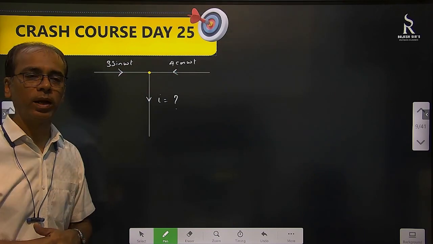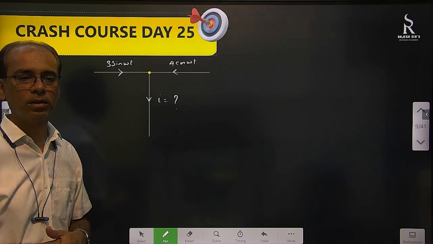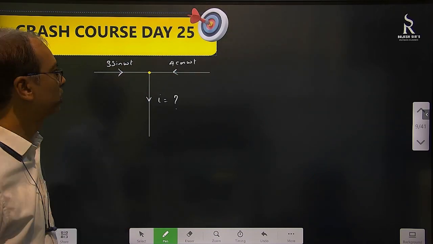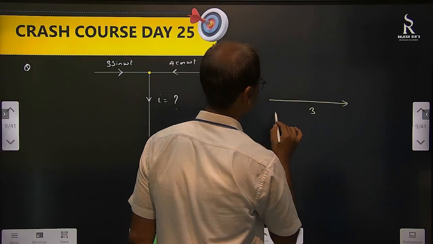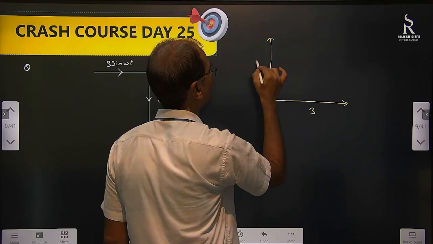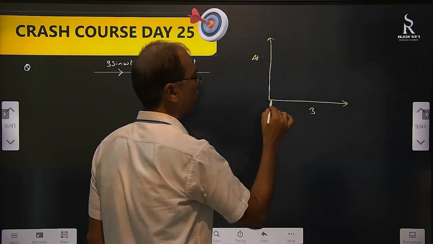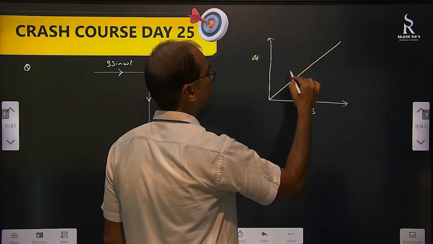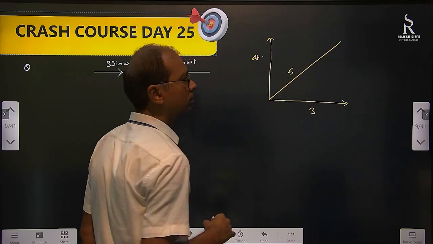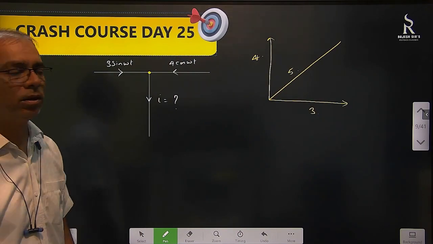So how did we learn to add simple harmonic motion? The same way we have to add this also. In vector form we have learned: this is 3, this is 4. The angle is 90 degrees, so the resultant will be this. What will the resultant be? The resultant will be 5.